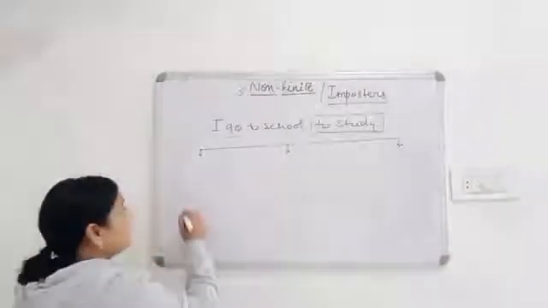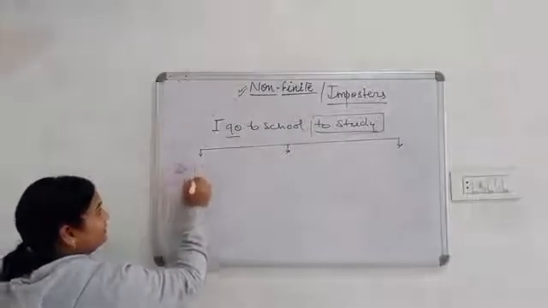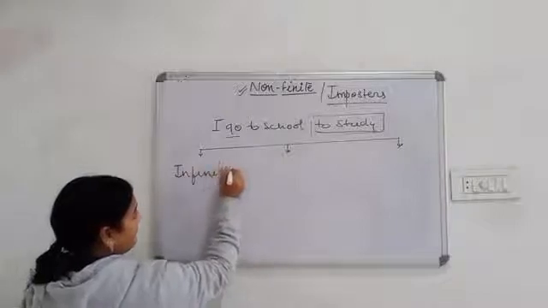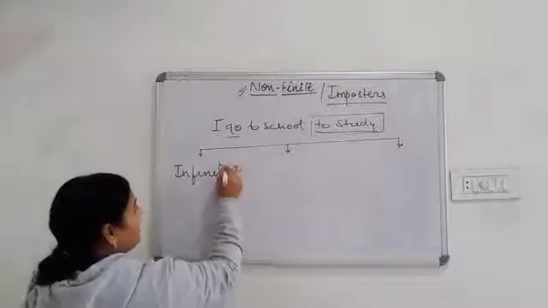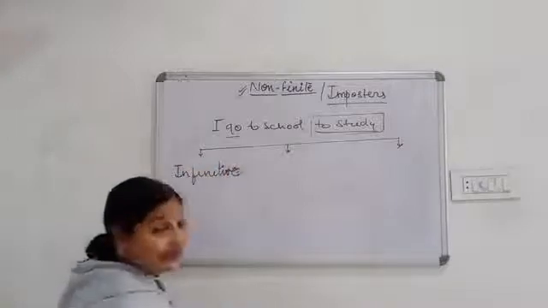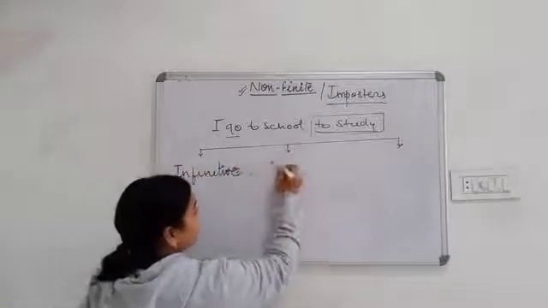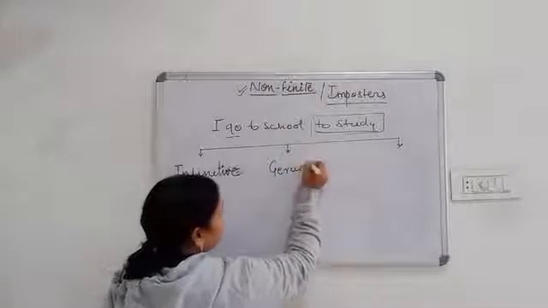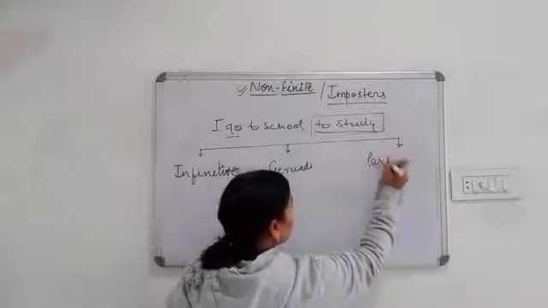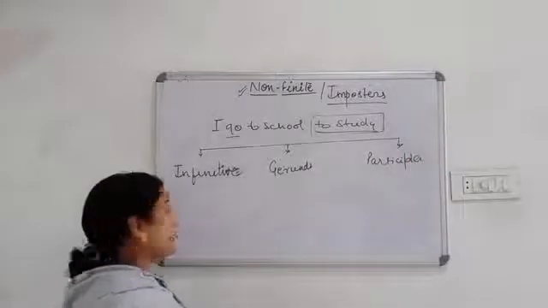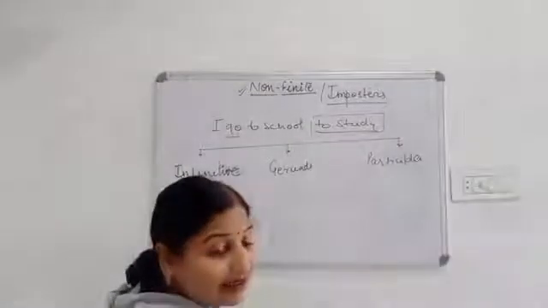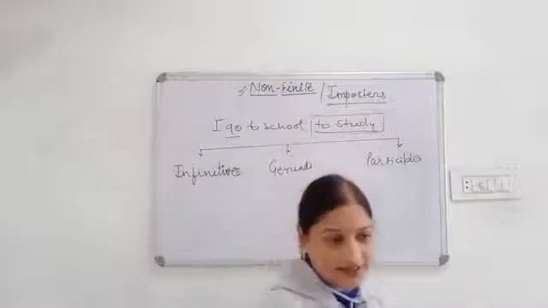Point number one is infinitive. After infinitive, we'll see about the gerunds, and then we'll see about the participles. So let's begin one by one and start from the infinitive.